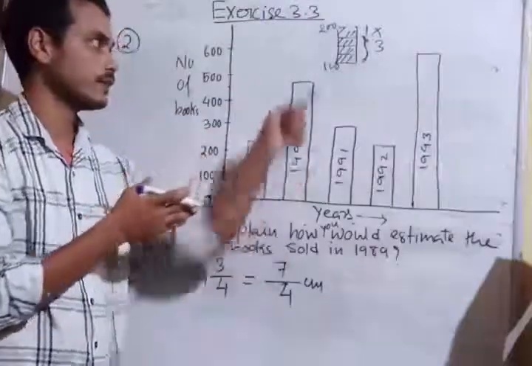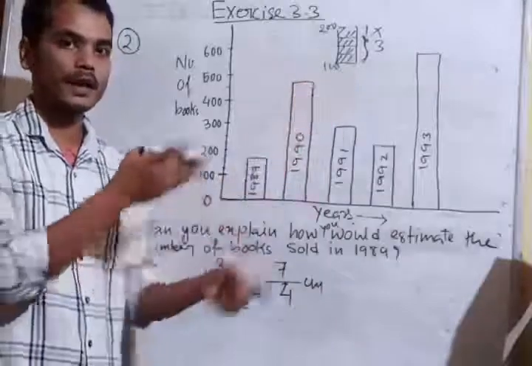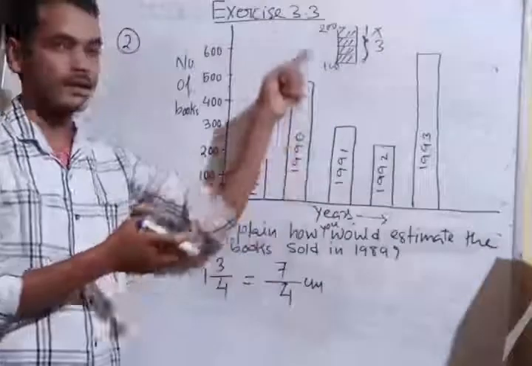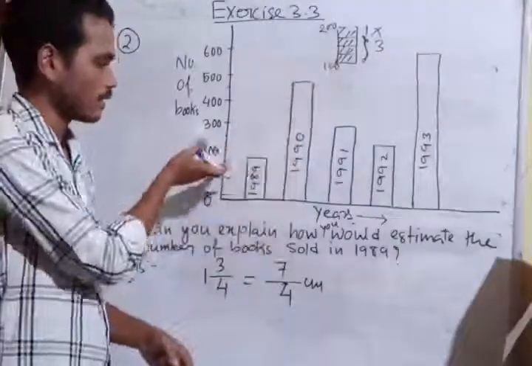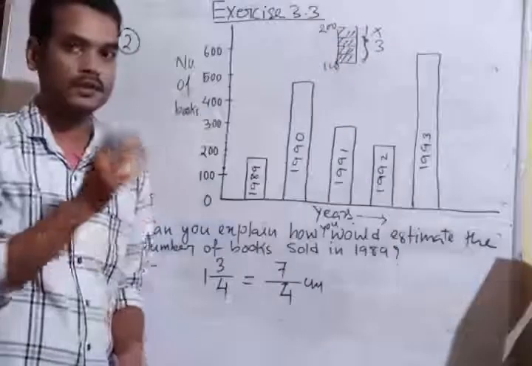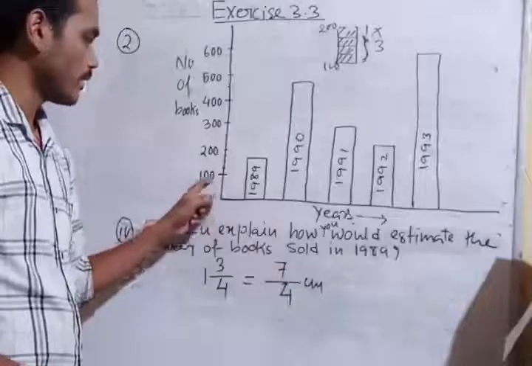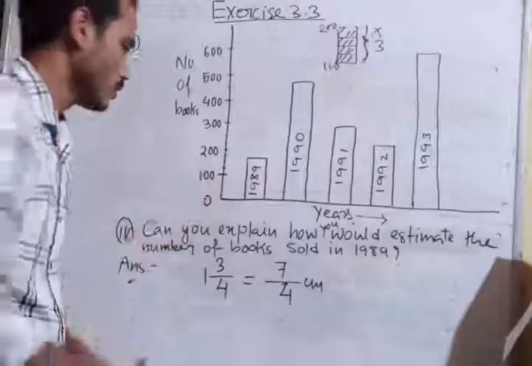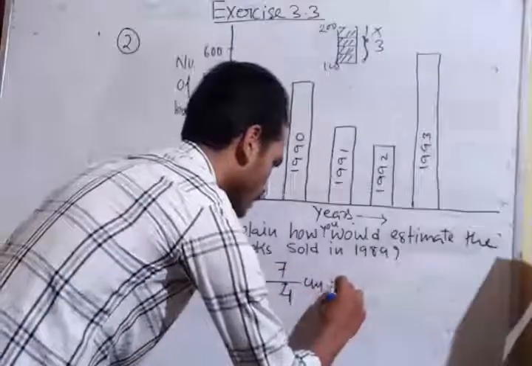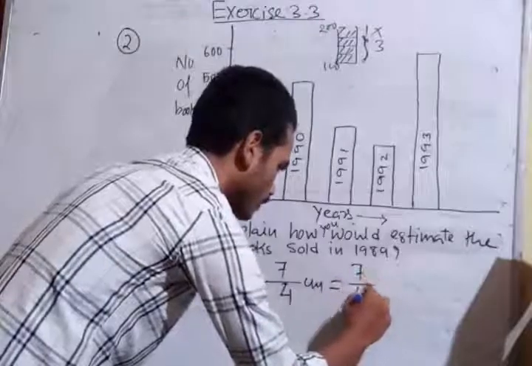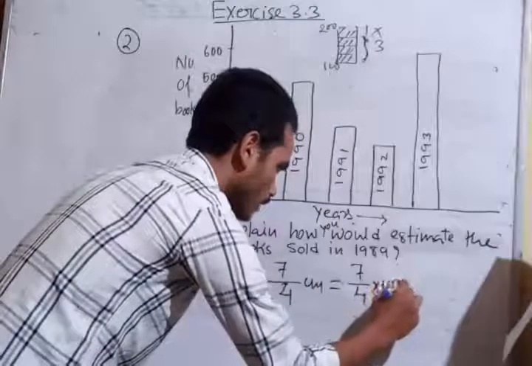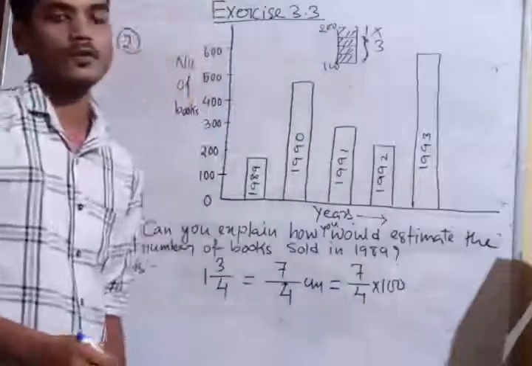In that 1 centimeter we have divided into 4 parts. Out of this 4 we are taking only 3 parts. This is more than 100, less than 200. And in 1 centimeter we have 100 books. So what we can write, this will be 7 by 4 into 100.